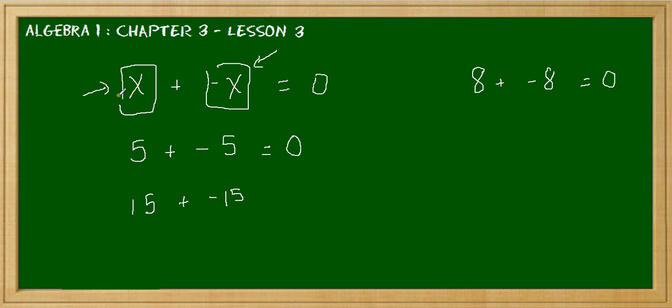It's the same. Had we had a different variable, let's say x plus negative y is equal to 0, now I cannot say that with certainty. It could possibly equal 0 only if and when x and y are actually the same.